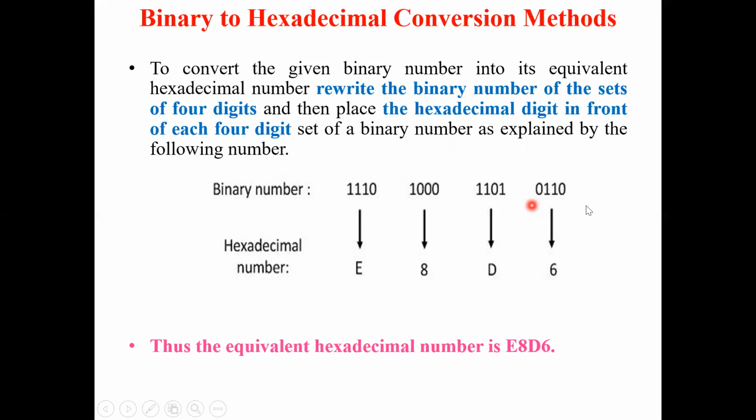You start from the LSB. 1101 is D in hex, 1000 is 8, and the last group is E, so the equivalent hexadecimal number is E8D6. You can underline 4 bits together and write the hex immediately.